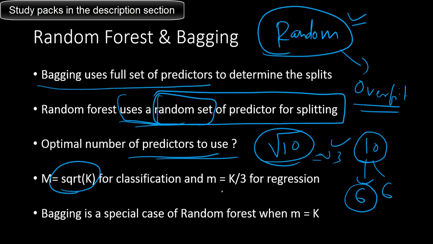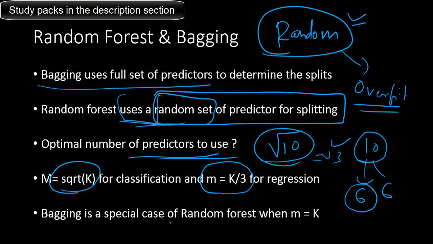If it is a regression problem, it's just one third of the predictors. But you can always experiment. You do not necessarily have to go by this rule of thumb. You can experiment with other values of m, other numbers of predictors, and you probably get better results.